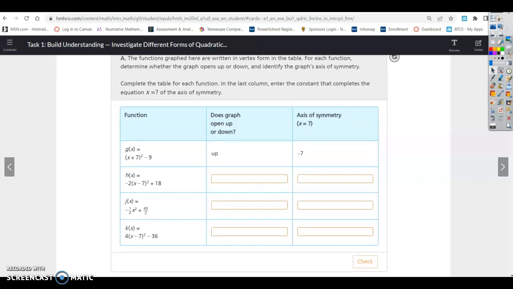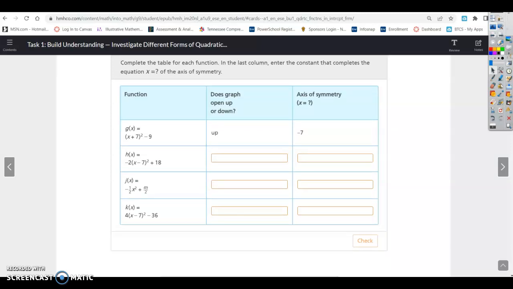All right, so it says the functions graphed here are written in vertex form in the table. For each function, determine whether the graph opens up or down and identify the graph's axis of symmetry. Complete the table for each function. In the last column, enter the constant that completes the equation x equals, which will be the axis of symmetry. All right, a is negative, so that means this one turns down.